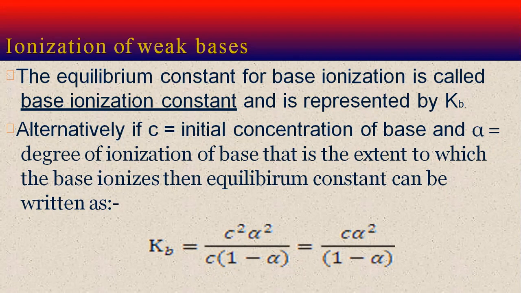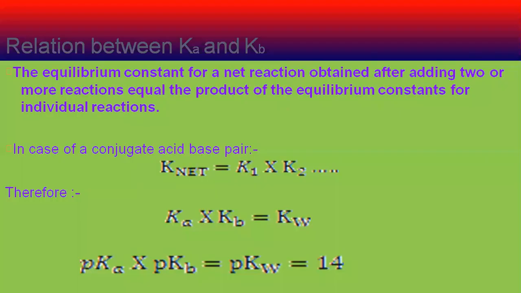The equilibrium constant for base ionization is called the base ionization constant and is represented by Kb. Alternatively, if C is the initial concentration of the base and alpha is the degree of ionization of the base, that is the extent to which the base ionizes, then the equilibrium constant will be like this: Kb is equal to C alpha squared upon 1 minus alpha.